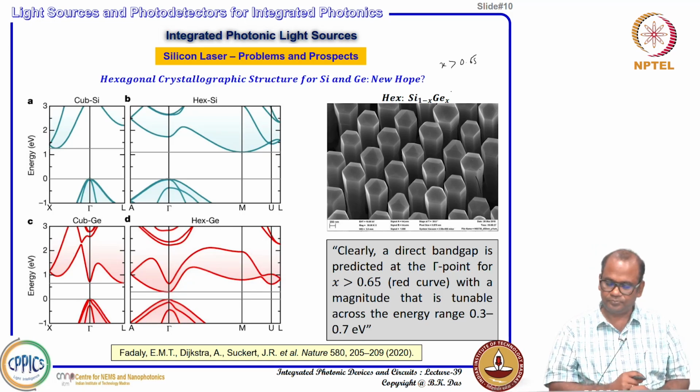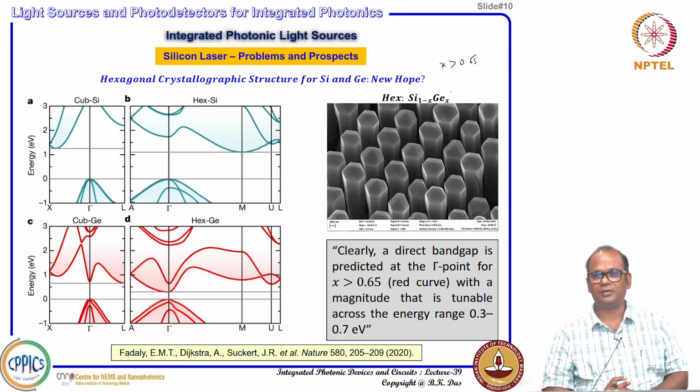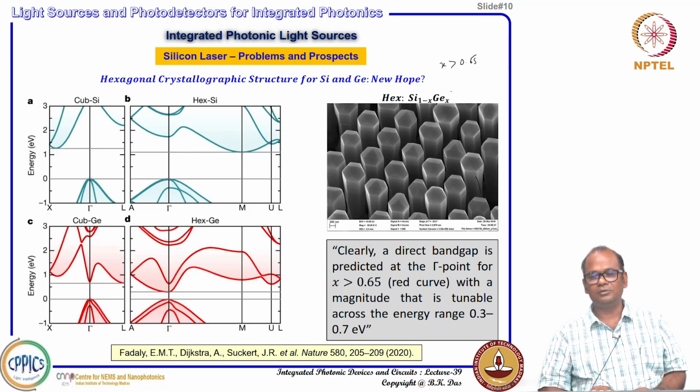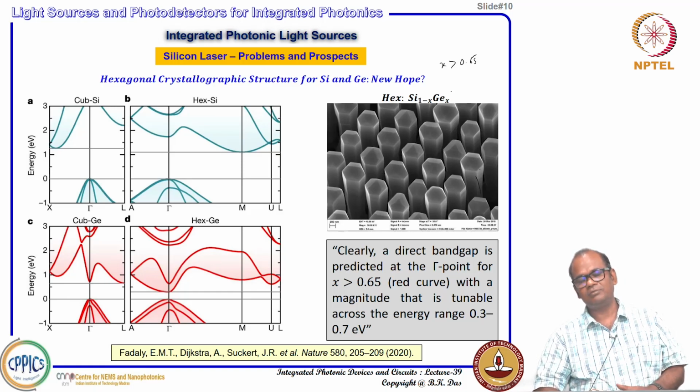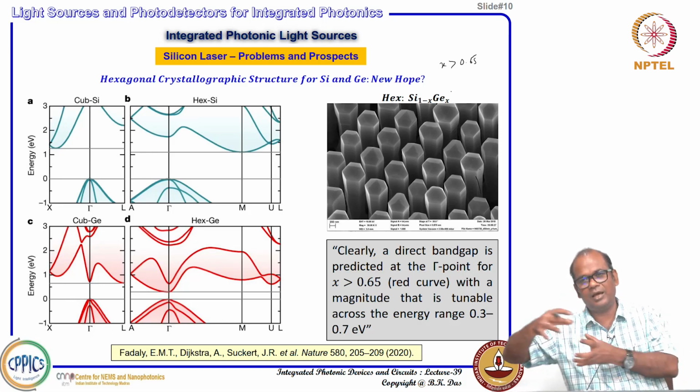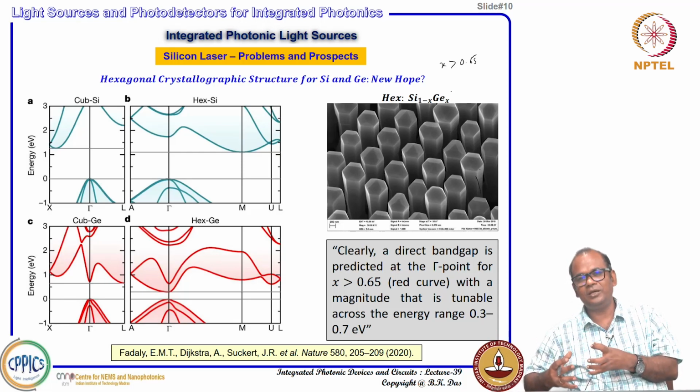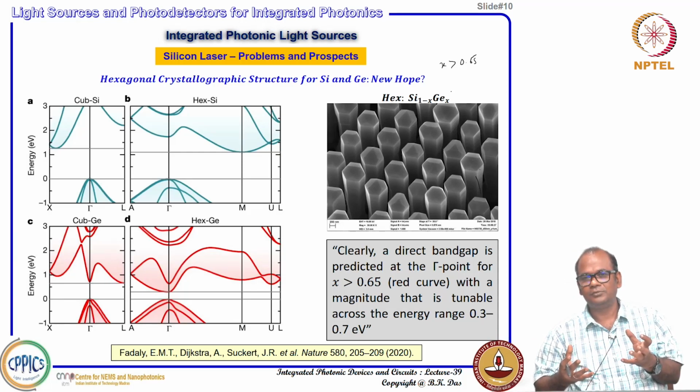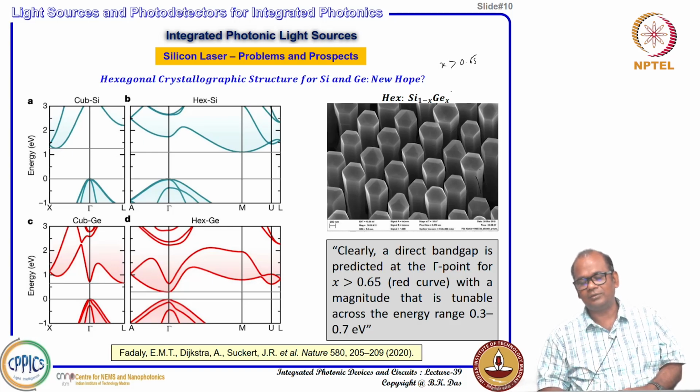So, in this lecture, what we try to convince you of is that silicon crystal, FCC cubic crystal, and germanium crystal are indirect band gap semiconductors. But if you grow with a hexagonal structure like this, the atomic arrangement is such that the band structure can be engineered, and even after engineering you cannot get a direct band gap semiconductor.